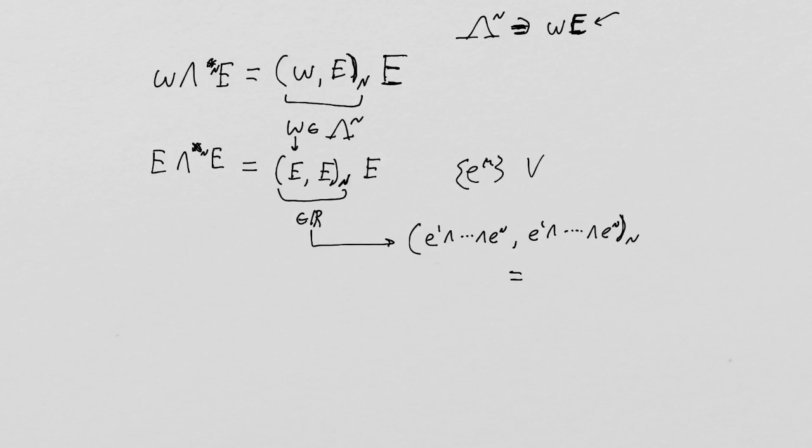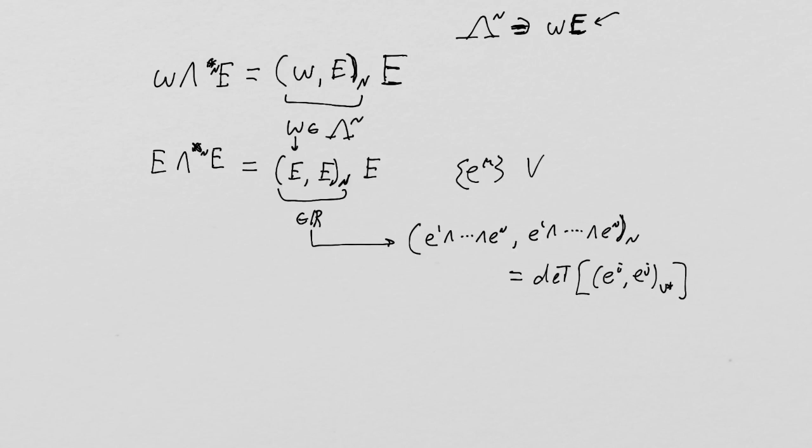And we know what this is. We did this in a previous lecture. This is simply the determinant of the matrix that looks like Ei, Ej in V star, right? So that's this determinant, and that's easy to figure out.